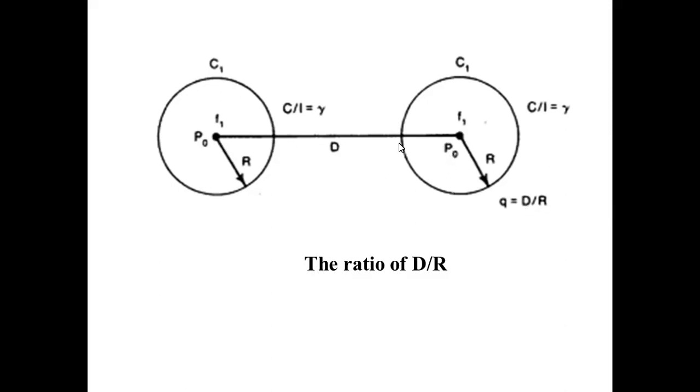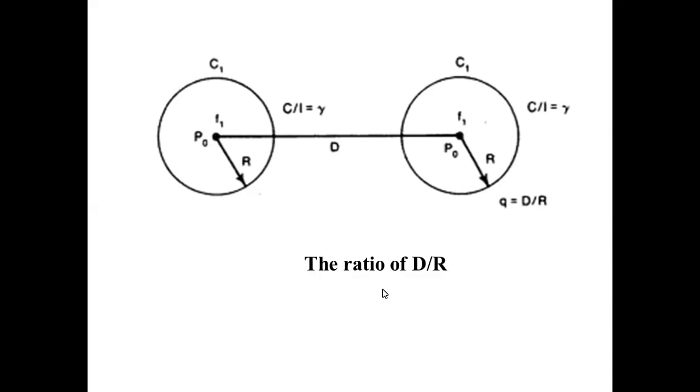So Q is equal to D by R, where D is the distance between the two cells having the same F1 frequency band, and R is the radius of that particular cell. This diagram shows the frequency reuse at distance D away, and the ratio D by R.